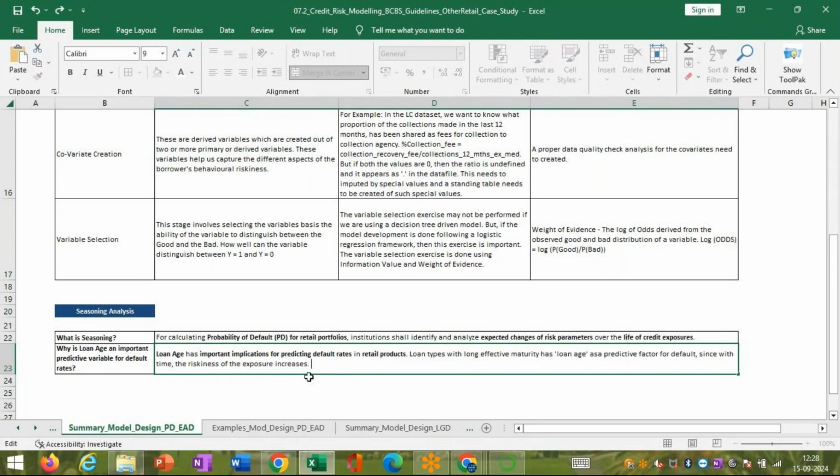So loan types with long effective maturity have loan age as a predictive factor.